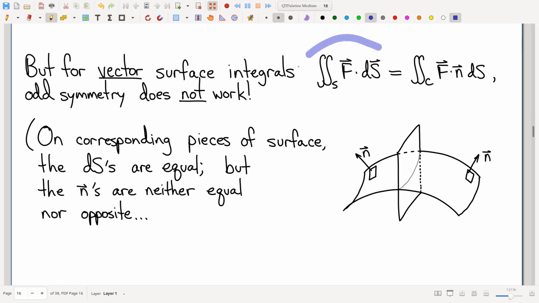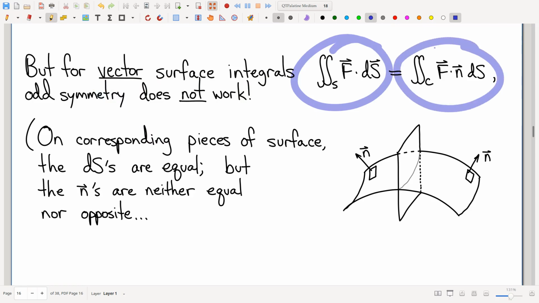You write down your vector surface integral, write it in this way here just for convenience of getting at what we need. And think about this orientation unit normal. And notice that this orientation unit normal just does not behave very nicely. When you're looking at a symmetric surface, symmetric through a plane, symmetric pieces, they have the same area.